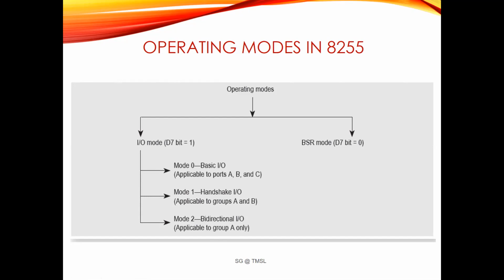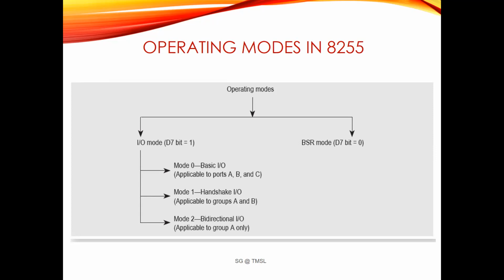Here the three ports of the 8255 are grouped as group A and group B. Group A and group B accept commands from the read write control logic, receive the control words from the internal data bus, and issue commands to the associated ports. Another mode is BSR mode, where only port C is applicable; port A and port B are not required.